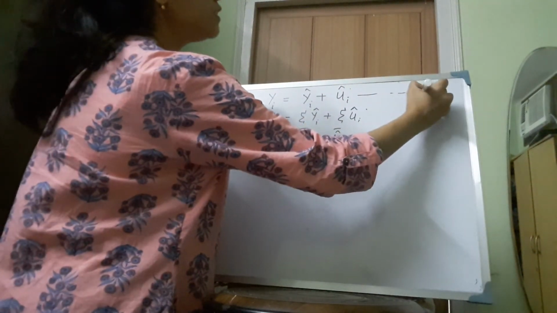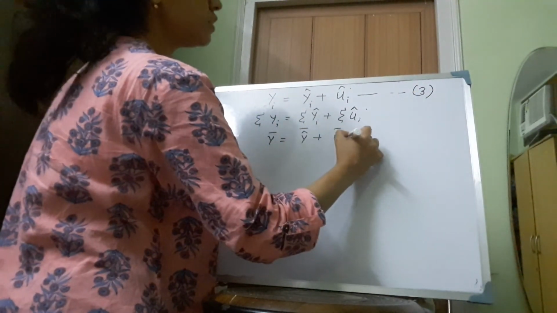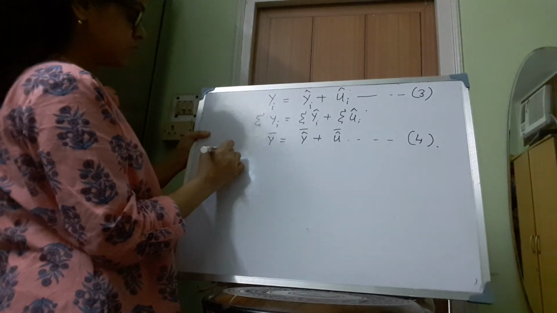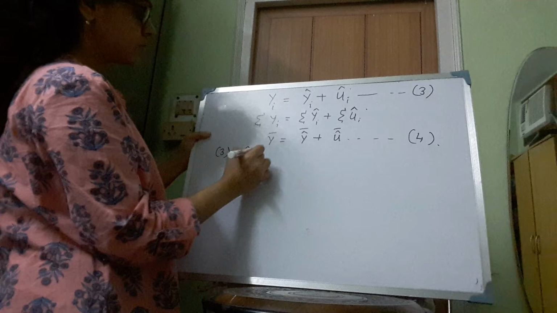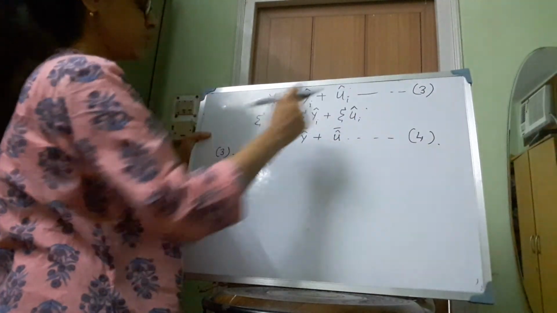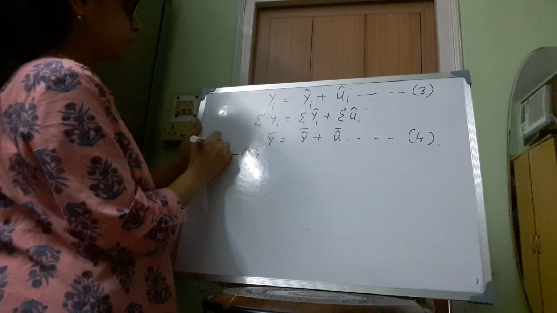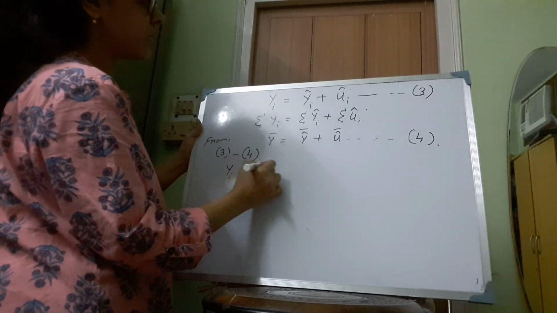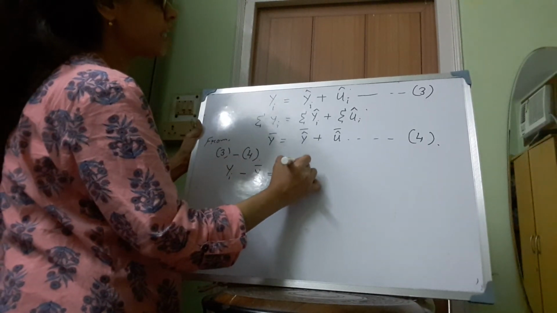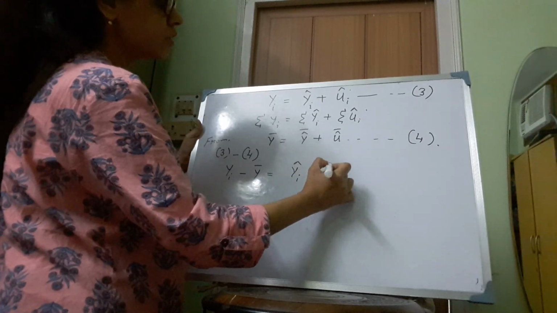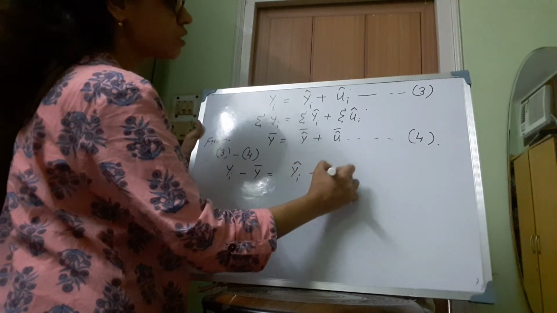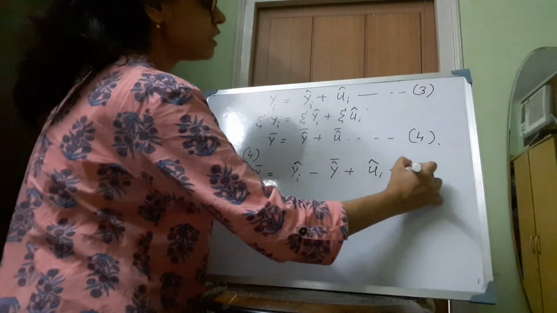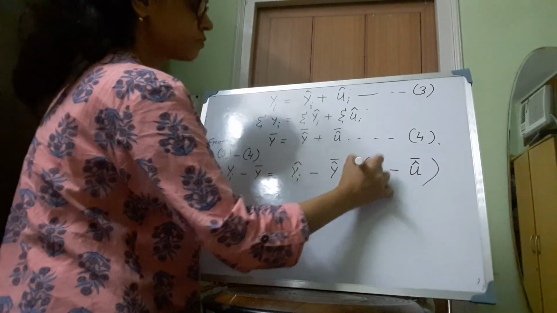Now consider this equation and this equation. Now from 3 minus 4, by subtracting the equation 4 from equation 3, we get yi minus y bar is equal to yi hat minus y hat bar plus ui hat minus u hat bar.